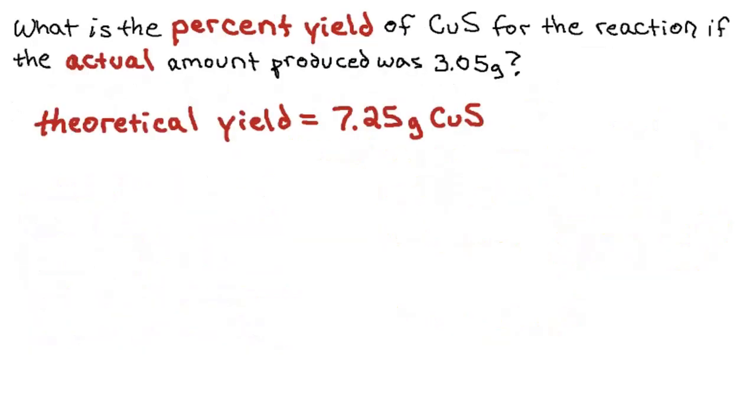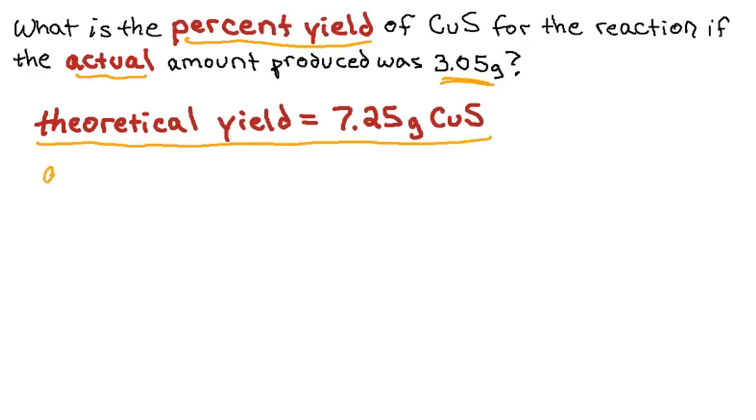Now, our next problem has to do with that problem we just did. So it says, what is the percent yield of CuS for the reaction if the actual amount produced was 3.05 grams? So we had the theoretical yield from the previous problem, which was 7.25 grams of CuS.